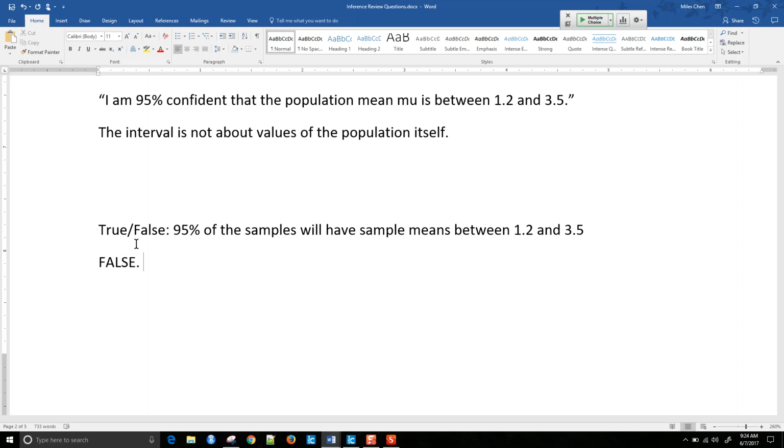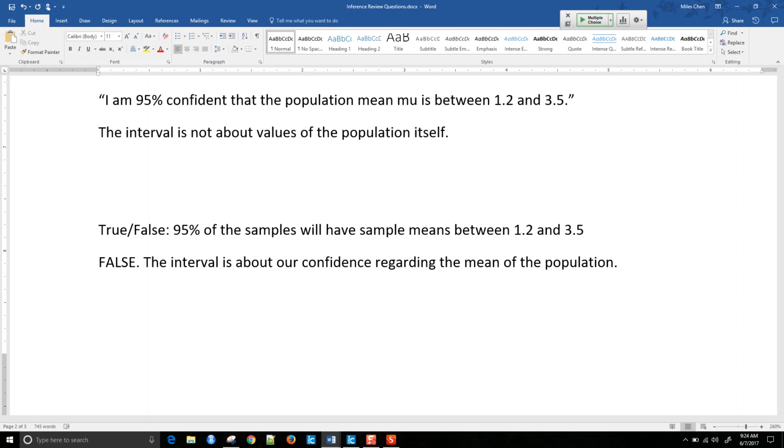The confidence interval is about our confidence regarding the mean of the population, and not about future sample means, okay?